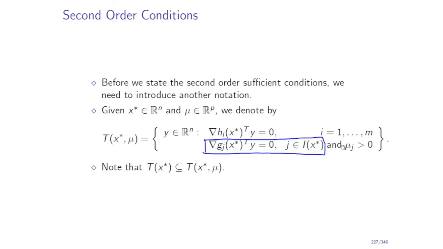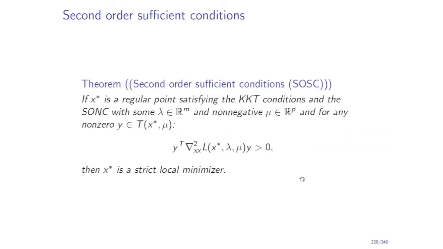If all the Karush-Kuhn-Tucker multipliers are positive for active constraints, then these two sets would coincide. But in case there are active constraints for which the KKT multiplier is equal to zero, the T of x star set will be strictly contained in T of x star mu. All right, and we need to require the positive sign for this product over the set T of x star mu, not just over T of x star, for sufficient conditions.